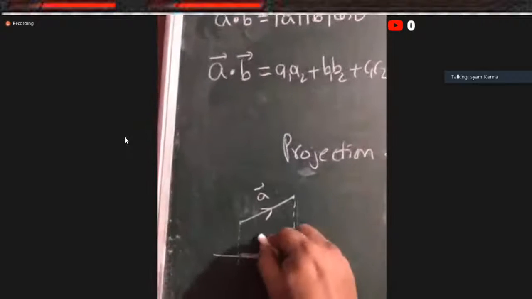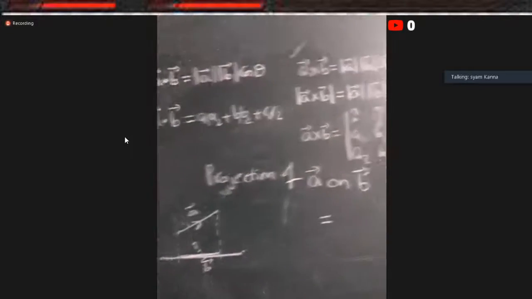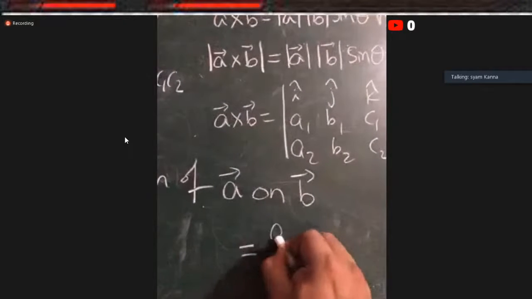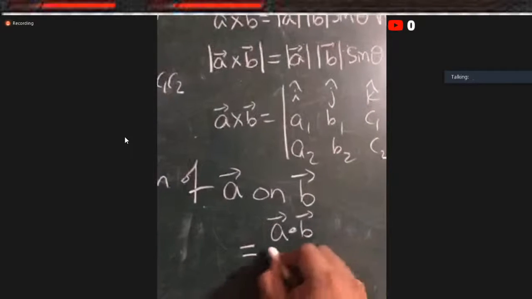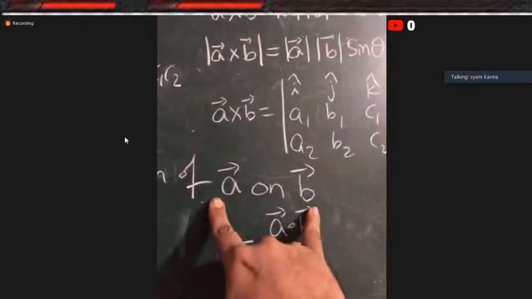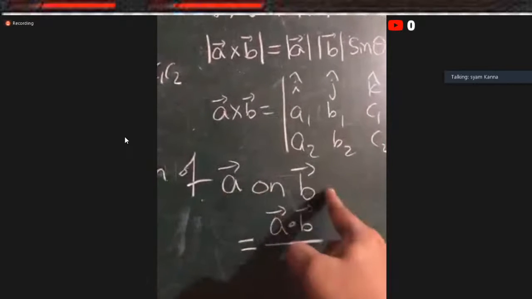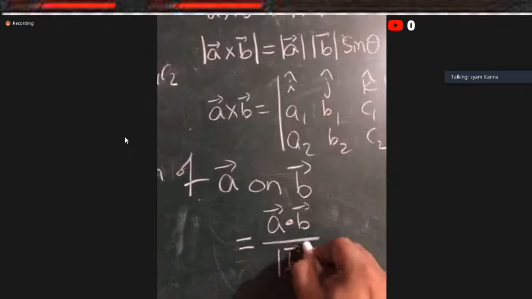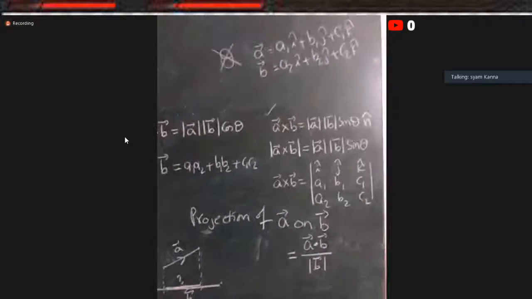For this, how to get it? The formula is, first we have to do the dot product in the numerator, A bar dot B bar. Whatever vectors are given, you have to do the dot product. The magnitude of whatever is given will come in the denominator. I told you how to find the magnitude.